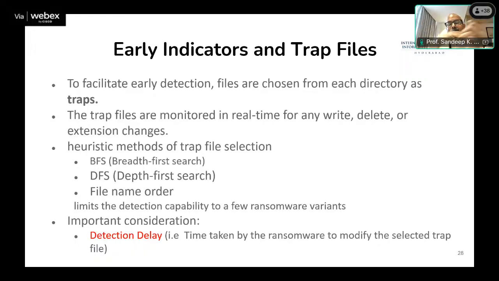But if unfortunately the ransomware is doing it in the depth first manner, then I have to put my trap file in a way so that it encounters the trap file faster in the depth first search.